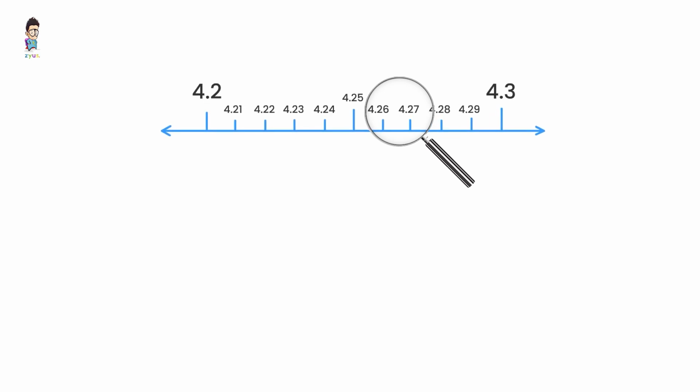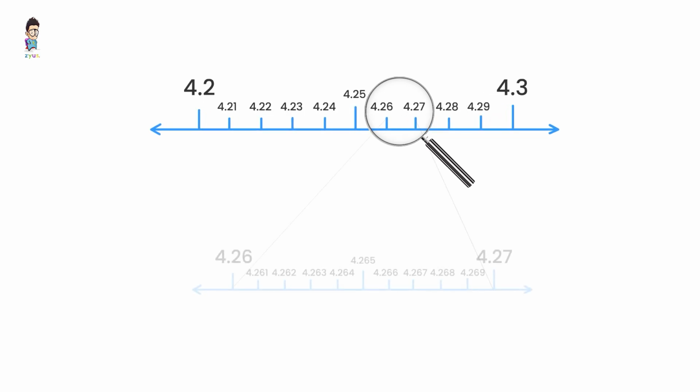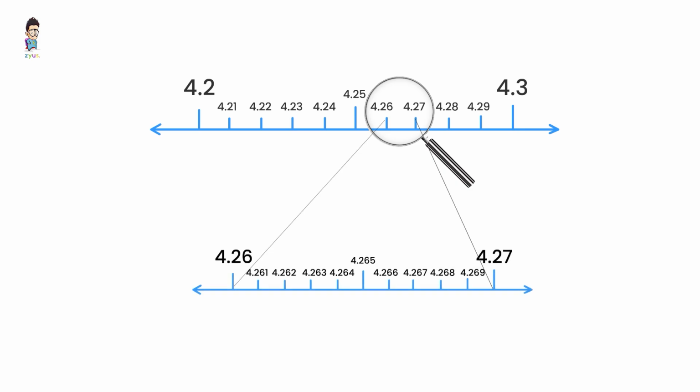And we are going to divide the portion into 10 equal parts. And the line that is right next to 4.26 is 4.261, and the line right next to 4.261 is 4.262, and so on. And our number 4.2626 lies between 4.262 and 4.263.